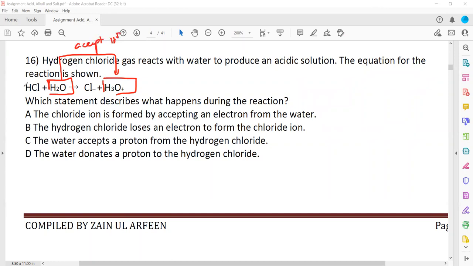And from where does it accept the proton? It accepts the proton from HCl. That's why C is the right answer. Is it clear? In this question, according to the equation, the water is accepting a proton or H plus ion. Is it clear? Any doubt till this point?